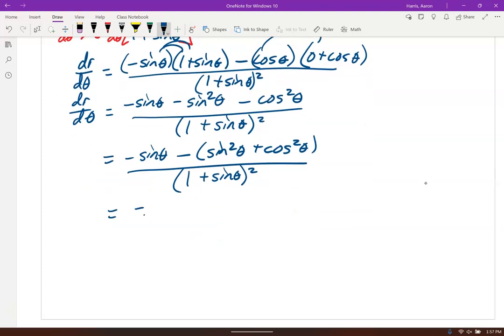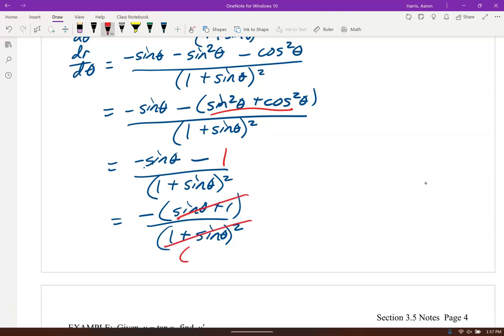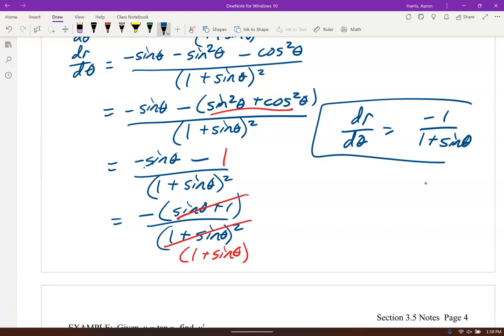So I've got negative sine of theta minus, and this, again, ends up being 1. And then notice, if I take a negative out, I would have sine theta plus 1, which will cancel with one of those 1 plus sine thetas on the bottom. So that will cancel and just give me one of these left down here. So dr d theta just ends up being negative 1 over 1 plus sine theta in the end. Derivative of r with respect to theta.